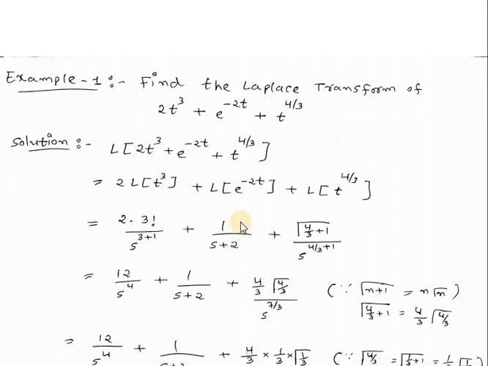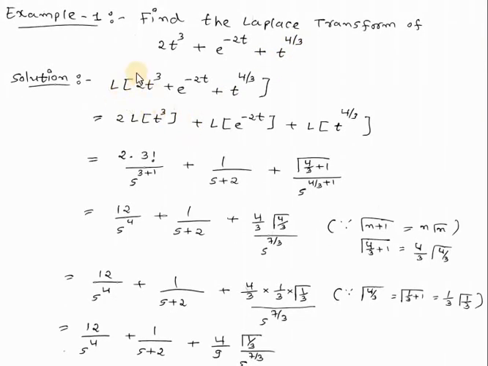First example, find the Laplace transform of 2t cube plus e raised to minus 2t plus t raised to 4 by 3. So Laplace of 2t cube plus e raised to minus 2t plus t raised to 4 by 3 is given by 2 into Laplace of t cube plus Laplace of e raised to minus 2t plus Laplace of t raised to 4 by 3.